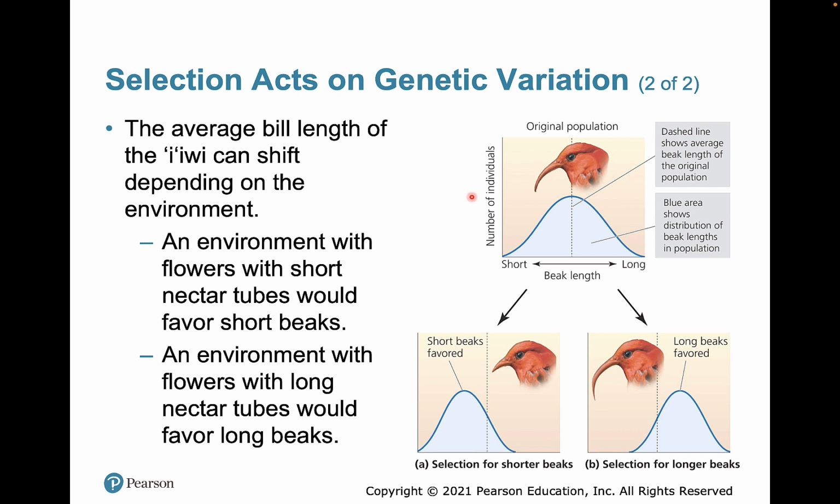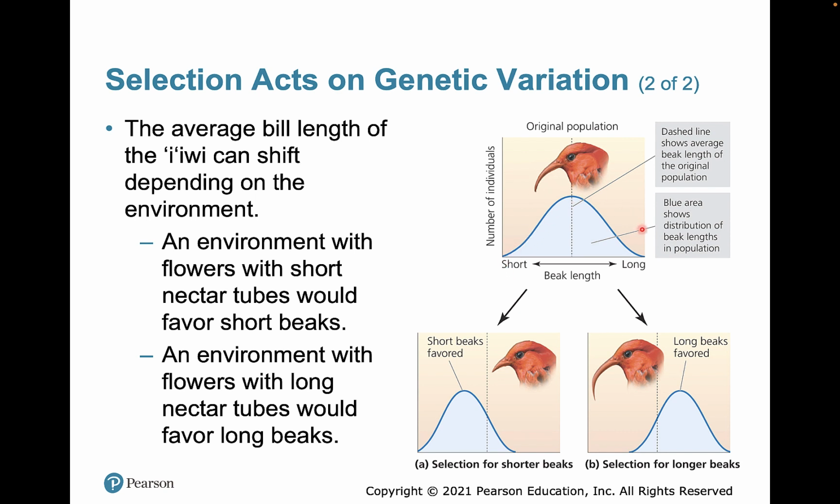So this is what we call an environmental pressure, right? Some organisms will adapt and change their behaviors or their physical appearance based on other organisms in their environment, okay? So one of the honey creepers is called the iiwi, okay? And the length of the beak, obviously it's a nectarivore, the length of the beak can vary based on the changes in the flower's nectar tubes, okay?